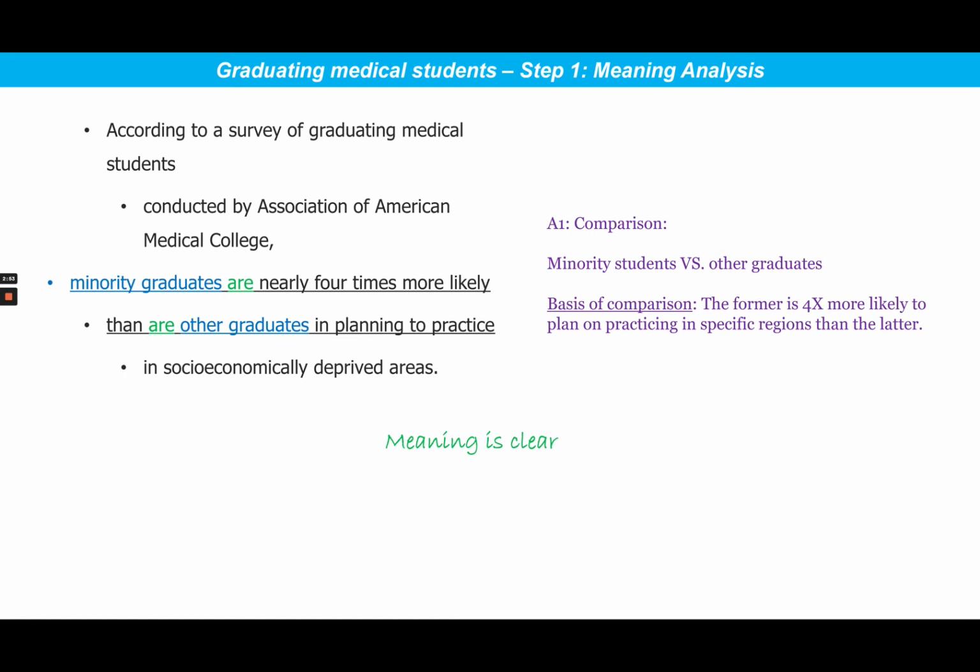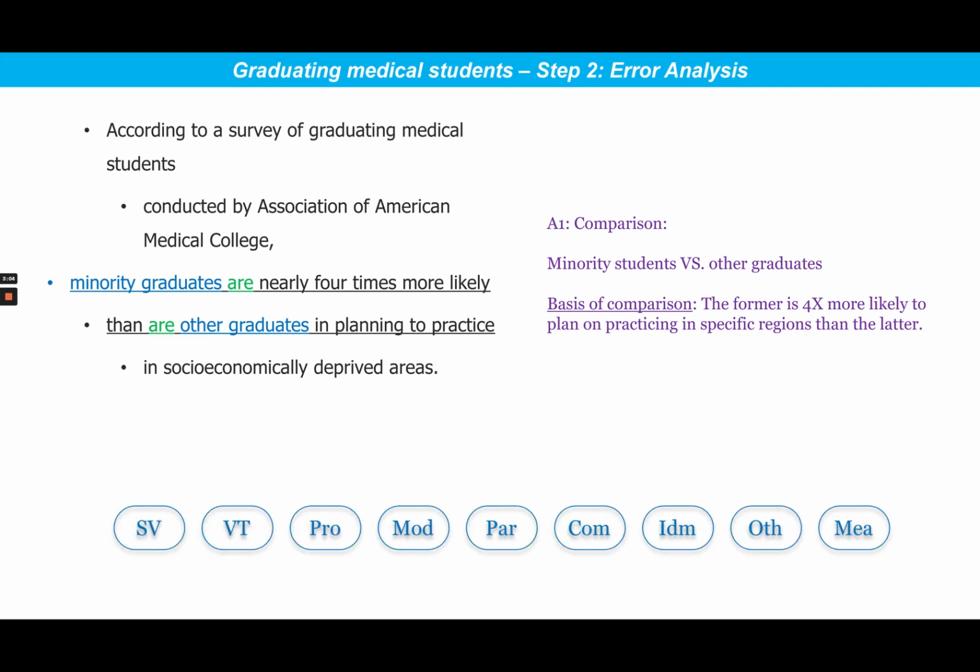And now that we are 100% sure of the meaning, we will move on to step 2, which is error analysis. In this step, we will try to figure out the grammatical errors that may be there in this sentence. So let's begin with the subject-verb error. This sentence has 2 subjects marked in blue, and both these subjects have the verbs marked in green.